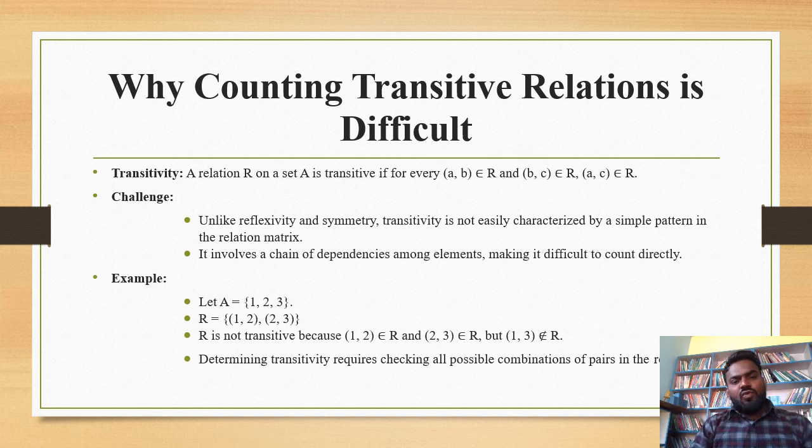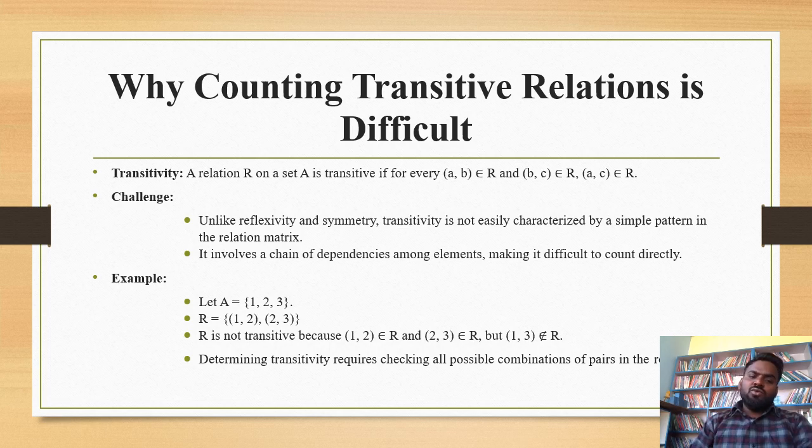If the value of n is increased, it will be difficult to find out. For example, if there is one element, the number of transitive relations is 1. If there are two elements, it gradually increases.